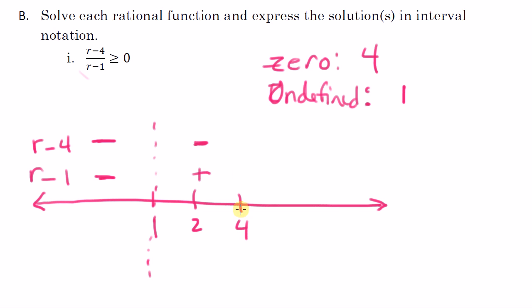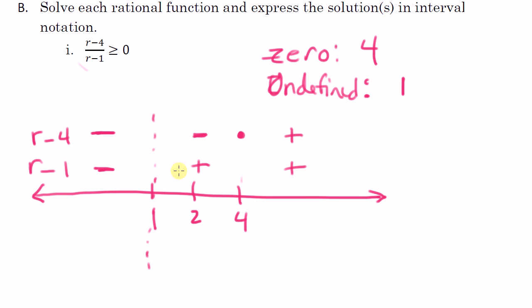And then I have my 0 here at 4. And from 4 on, put a really big positive number in here, and it's going to stay positive. And then in the numerator, if I put that same positive number in there, it's going to stay positive.